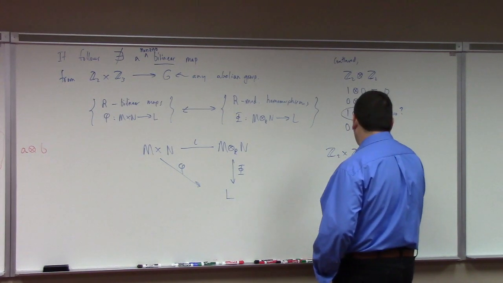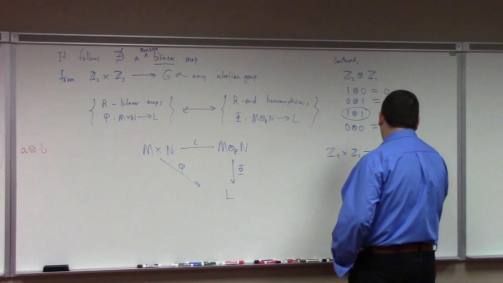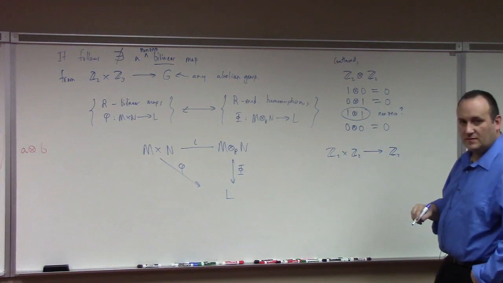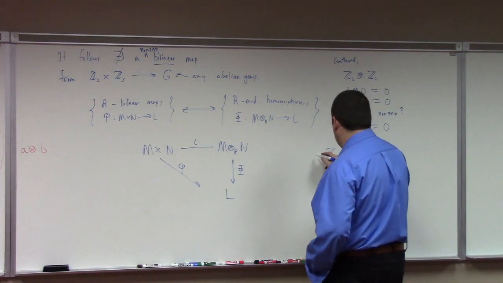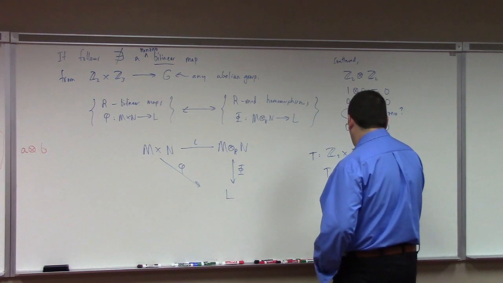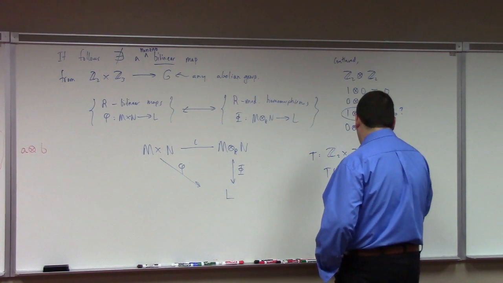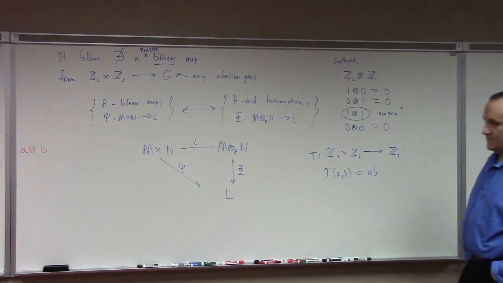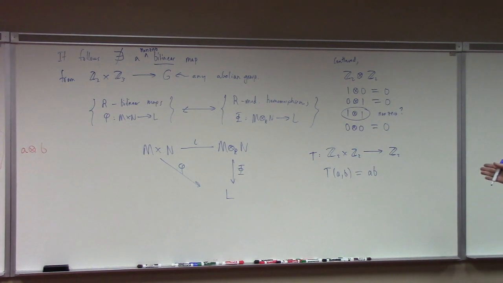So look at Z2 cross Z2 to, I don't know, Z2. That's an abelian group. And we want to define some mapping, let's say T. How about this? T of (a, b) equals ab. You can easily verify that that is a bilinear map.